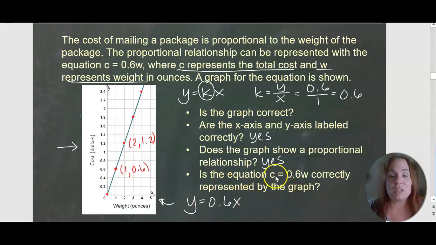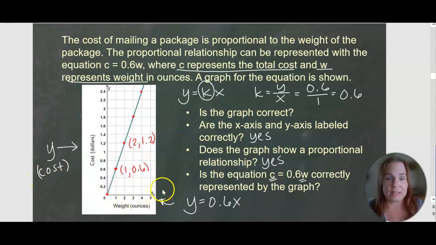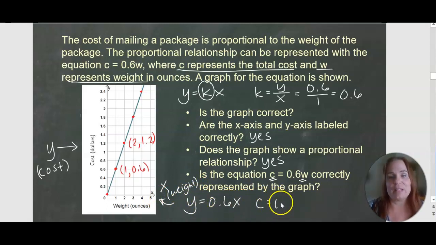So now I just have to make sure that this is in the right place and this is in the right place. So C is my cost. This is my Y, right? And weight is my X, weight. So if I replace Y with cost and I replace X with weight, then yes, it is correct.